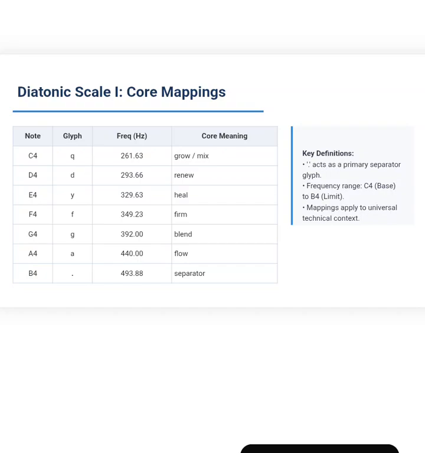At 493.88 Hz, it acts as the primary syntax for our sequences. Without this separator, the universal context of the mapping would lose its structural integrity. Ensure you have these mappings committed to memory, or at least highlighted in your notes. They are the constants we will rely on as we transition into harmonics and critical corrections in the next section.